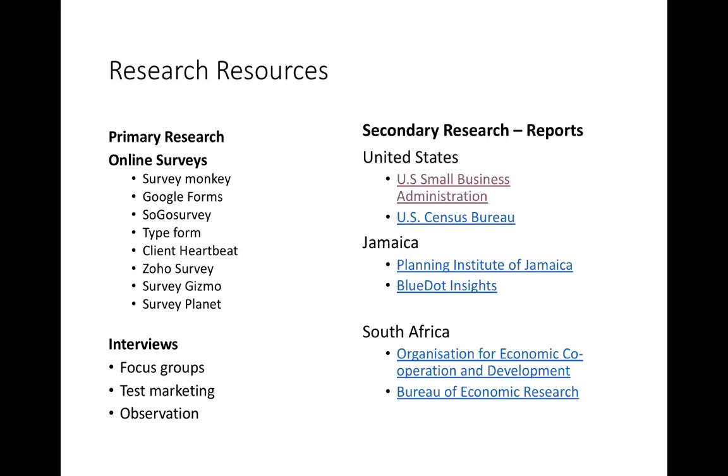If you do have a small budget and you want to be more purposeful, Blue Dot Insights is very good in the digital space, and they provide a lot of market information and intelligence as well. For those in South Africa, the Organisation for Economic Co-operation and Development has tons of industry reports there as well, and the Bureau of Economic Research. So I just wanted to provide something tangible.